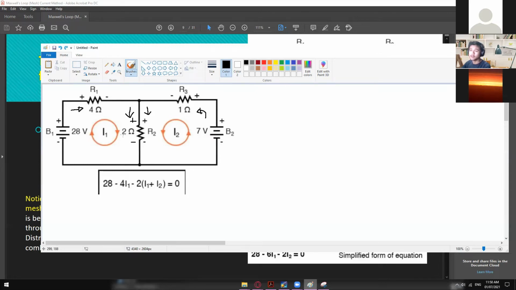So again, the one that we are considering here is if they are the same flow of current or if they are not the same flow of current. So what if we have a flow of current that is, let me just remove this one for now. What if we have a flow of current, let's say we assume that we have this kind of current in here.